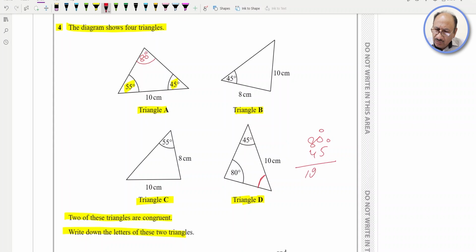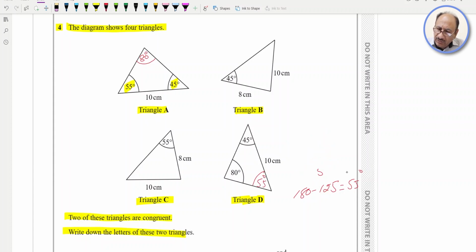So this is 125, and 180 minus 125 will be equal to 55 degrees, and this angle, which is this one, is 55 degrees.